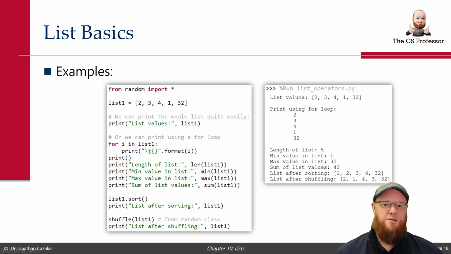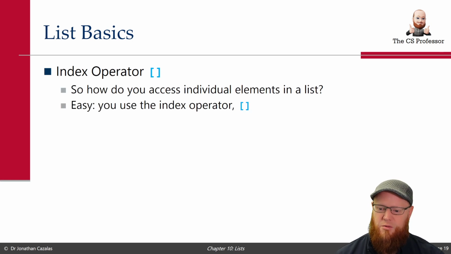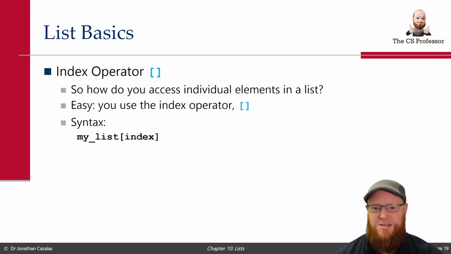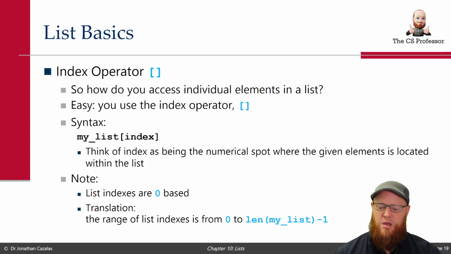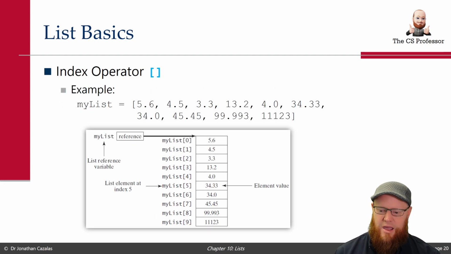Nothing really new here. Lists are new, but the way they work is just like strings. Just to end by showing you something you already know, as a reminder: how do we access these elements of a list? They're zero-based. We access these elements using their indices. Here's an example of a list, and here is a graphic depiction of that list.